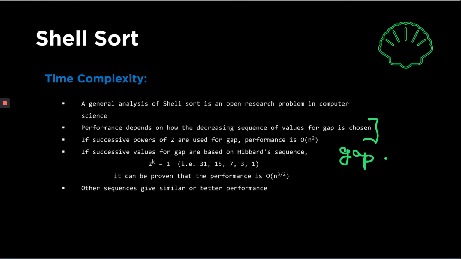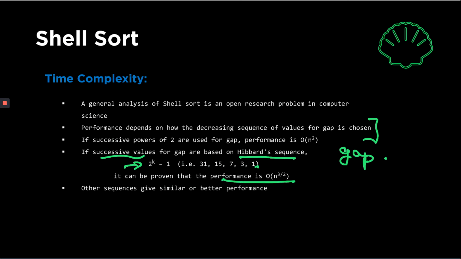If the successive values for the gap are based on the Hibbard sequence, which has the form 2 to the power k minus 1, where k is any integer, the sequence looks like 1, 3, 7, 15, 31, and so on. Then the performance can be proven to be O(n to the 3/2).